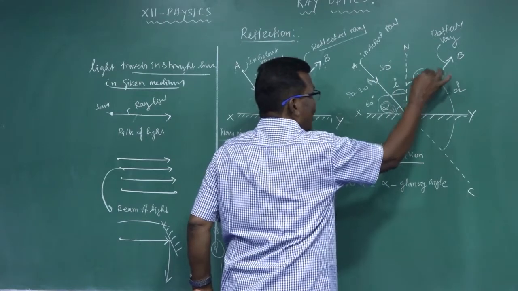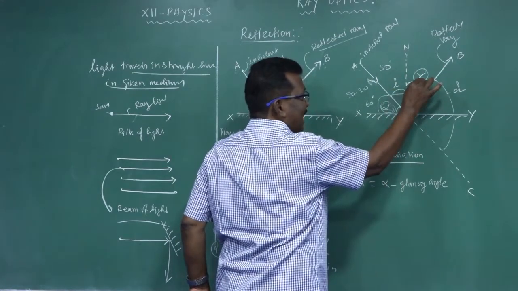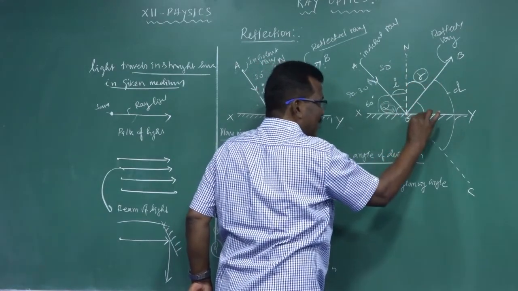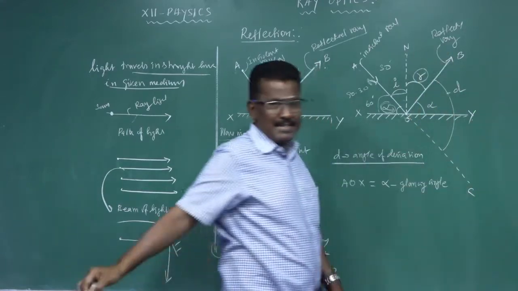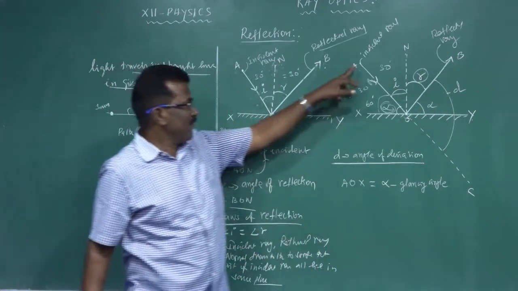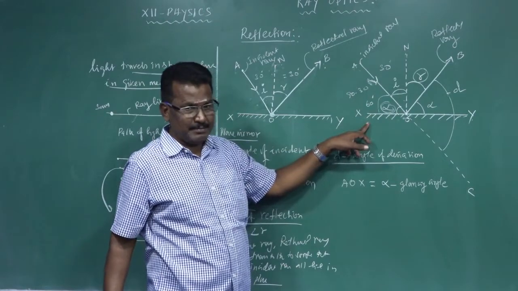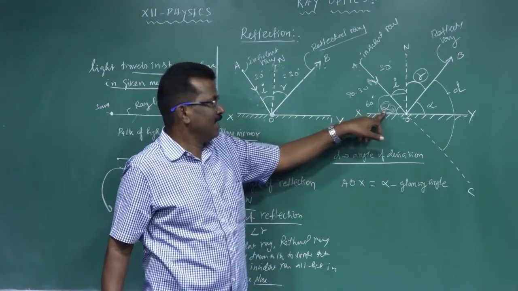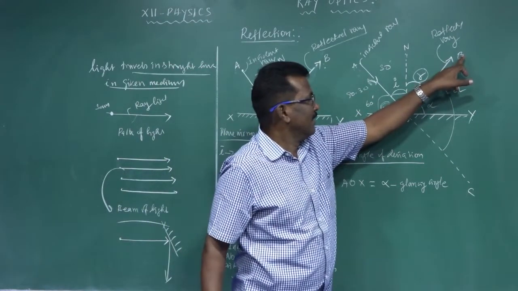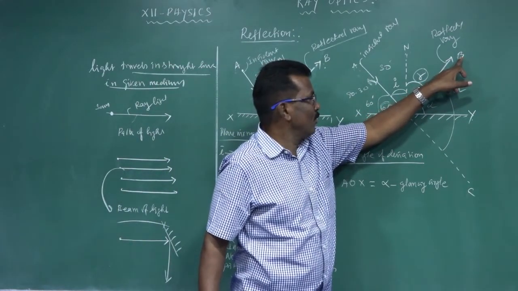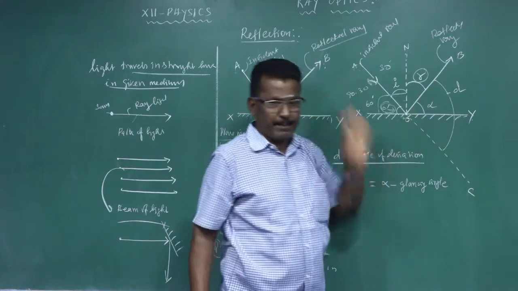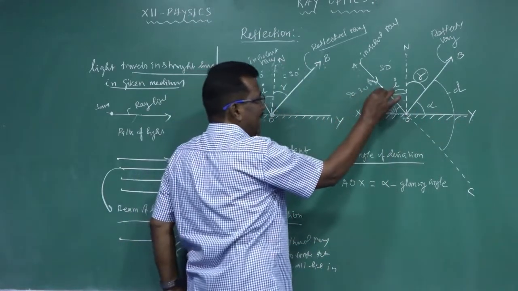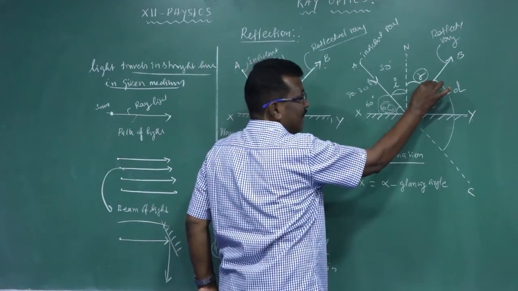Angle BON is also r. The angle of incidence is equal to the angle of reflection, so this is also called the glancing angle. If AOX makes an angle, the same angle is equal to BOY, because the angle of incidence is equal to the angle of reflection.